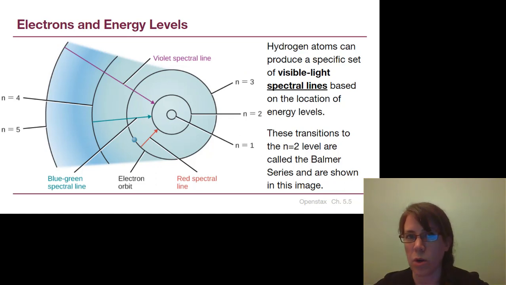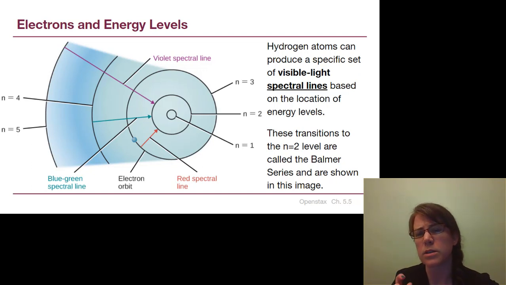Okay, so let's push our critical thinking a little bit. Hydrogen atoms can produce a specific set of visible light spectral lines based on all the transitions from higher energy levels down to what's called the n=2 state.